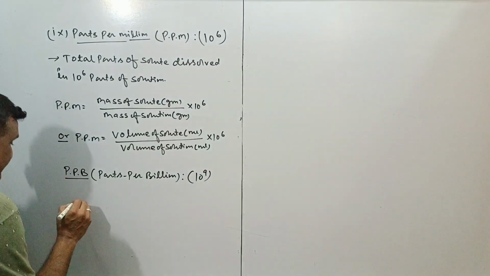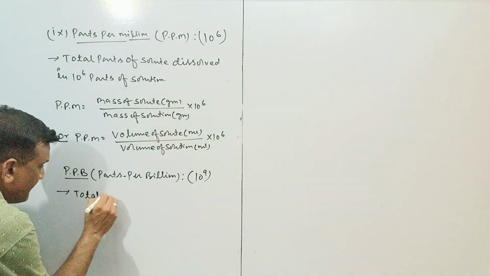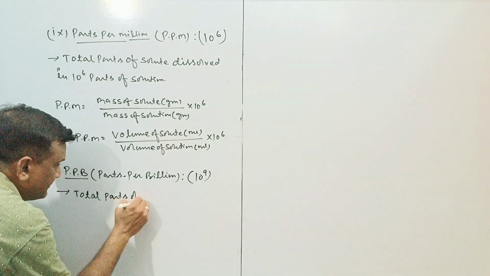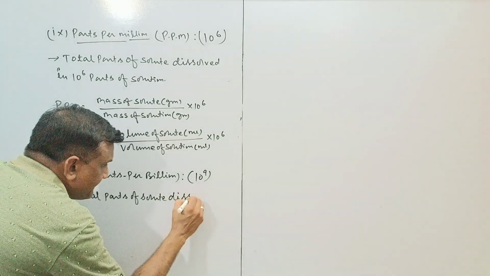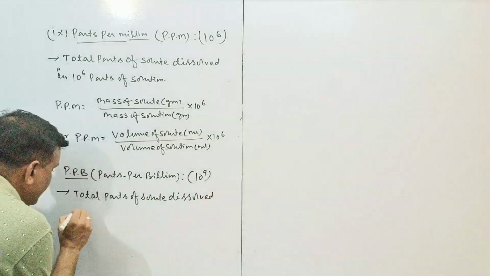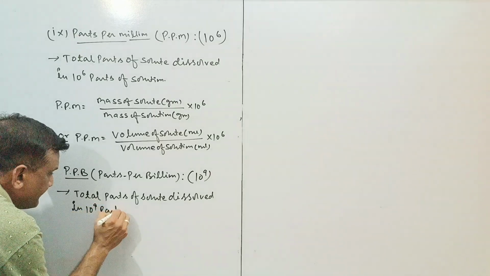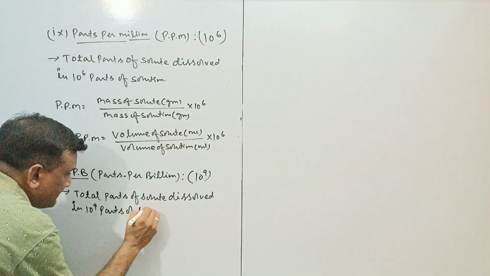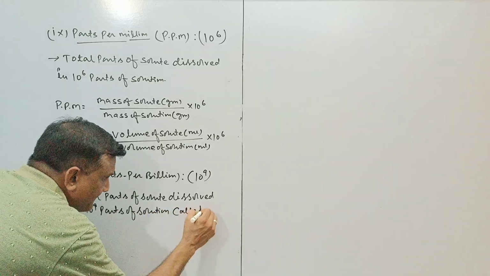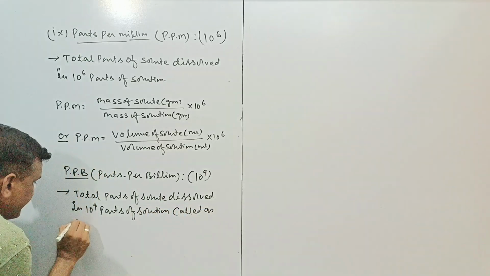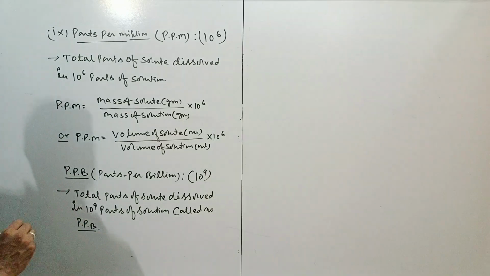So you will say total parts of solute dissolved in 10 to the power 9 parts of solution is called ppb, parts per billion.